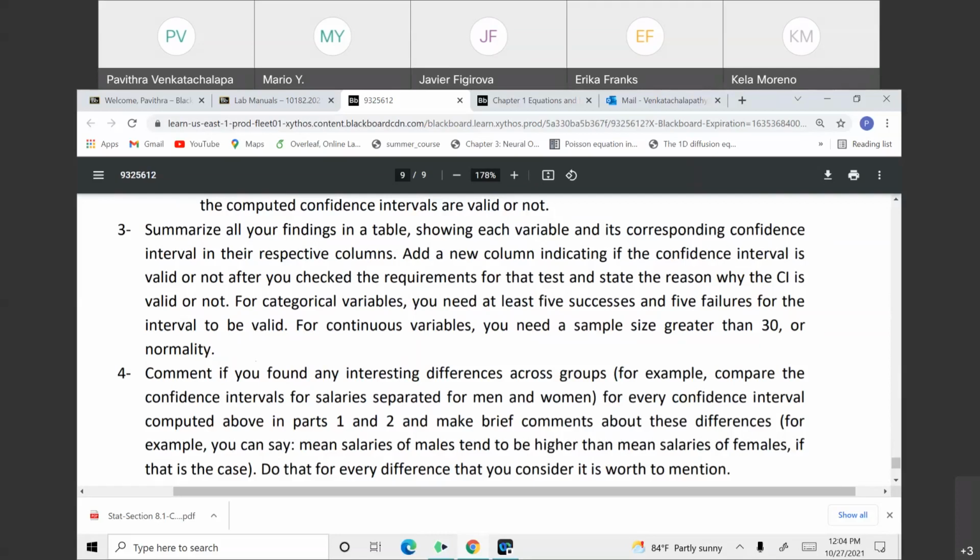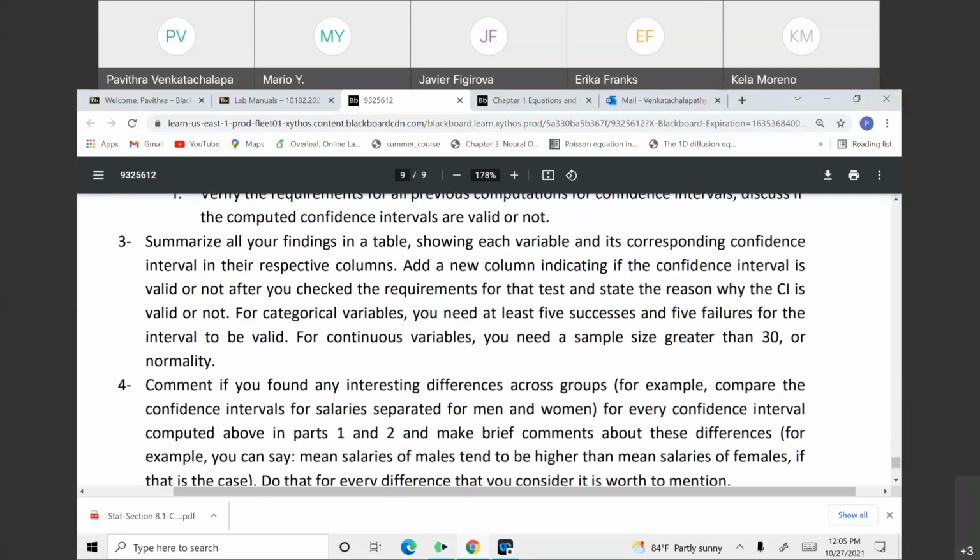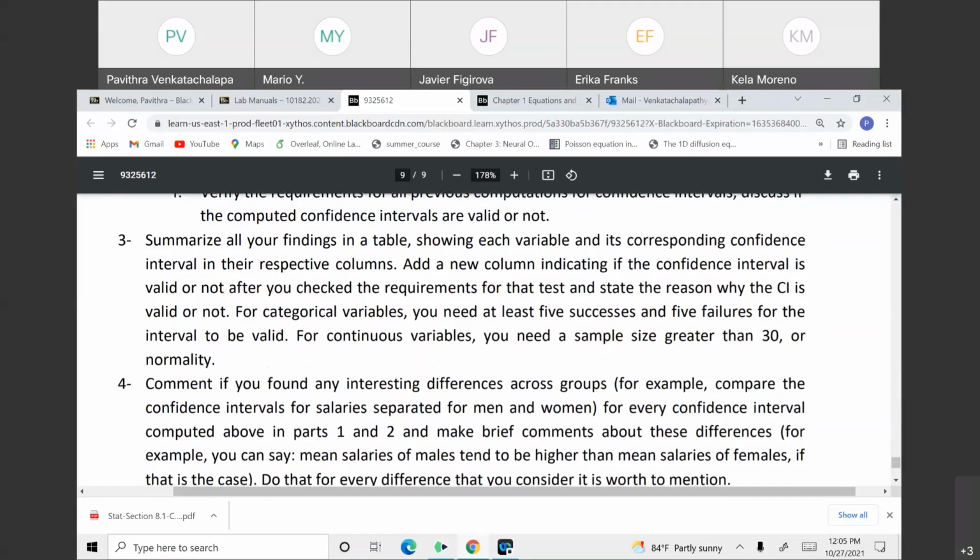So continuous variable, it is quite easy to do. You just have to check the sample size. When you plot a histogram, I guess under frequency, you will have capital N. Okay. So if that is greater than 30, you can straight away write that it is valid.